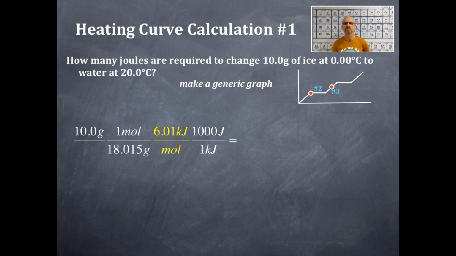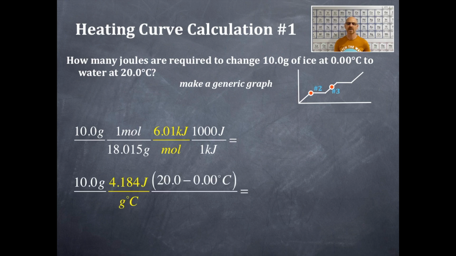That's step number 2. Step number 3 has a different constant, and it actually has a change in temperature. Step number 3 is based on the specific heat capacity for liquid water, and that number is 4.184 joules per gram degree Celsius. So I have my 10 grams of water that will cancel out the grams.